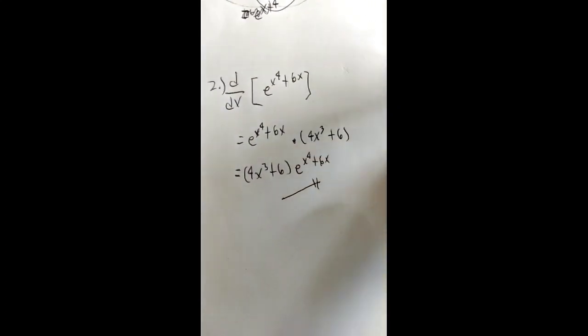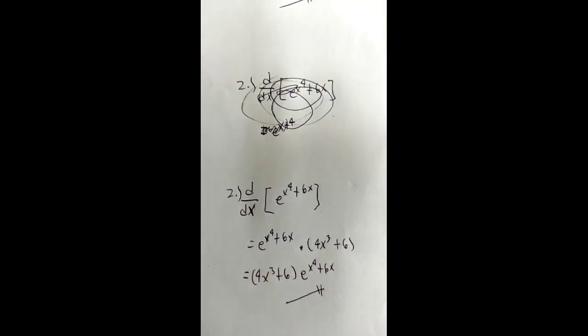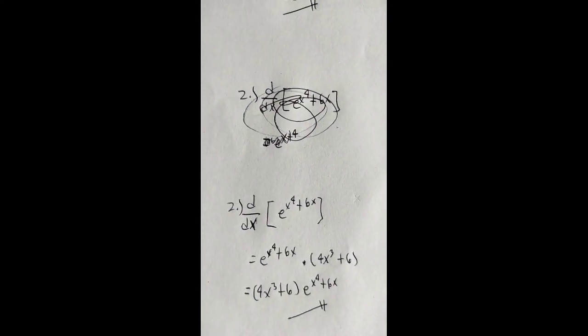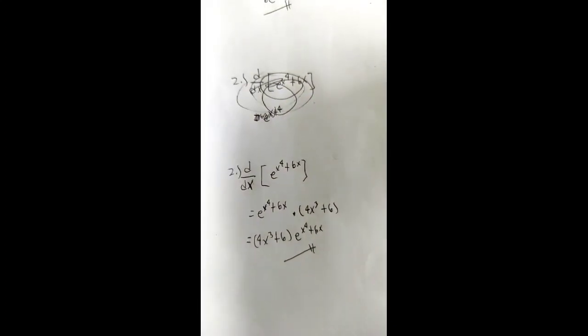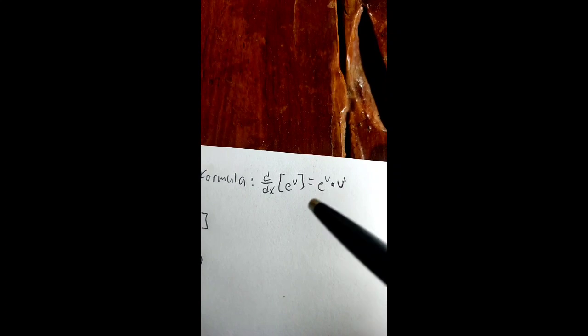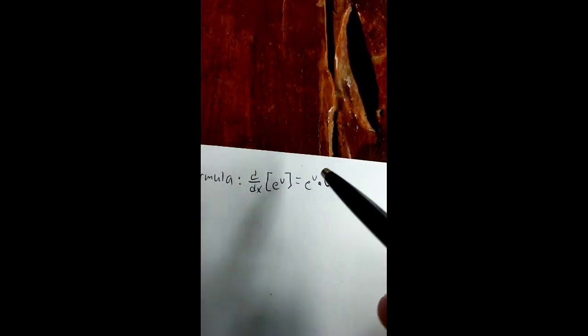Proceeding to our example number 2 on the derivatives of exponential functions, we are given here, I'm sorry, this is x, not v, the derivative of e raised to the function x raised to the fourth plus 6x. As we all know, we have a formula that we use. The derivative of e raised to a function is equal to, we just copy the e raised to a function times the derivative of the function.